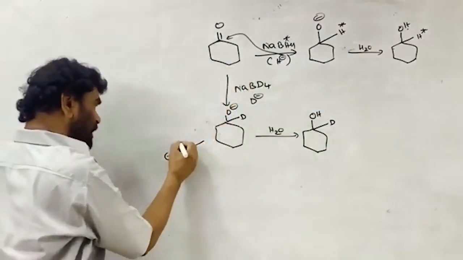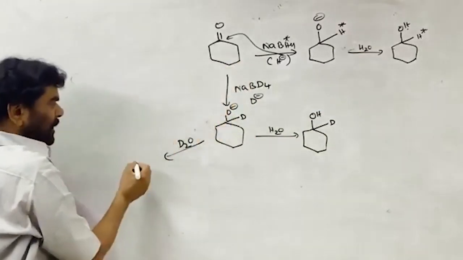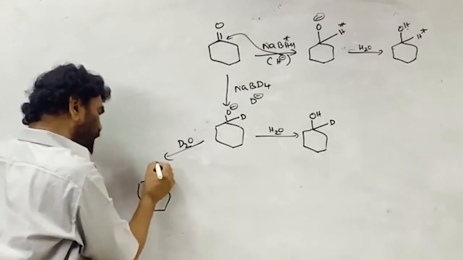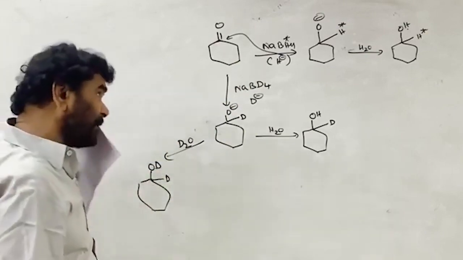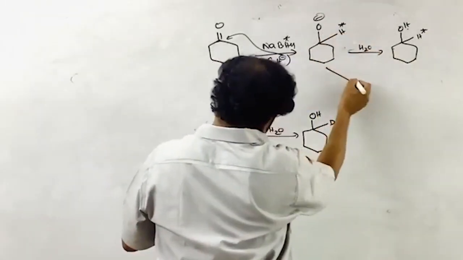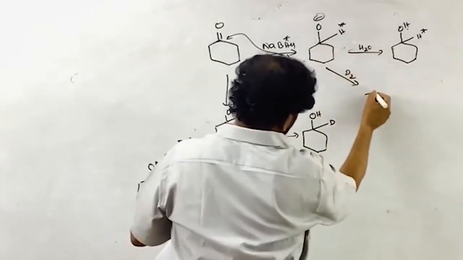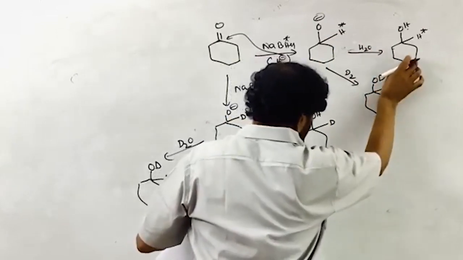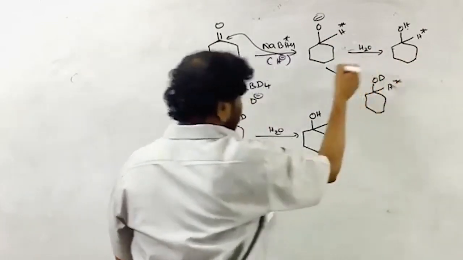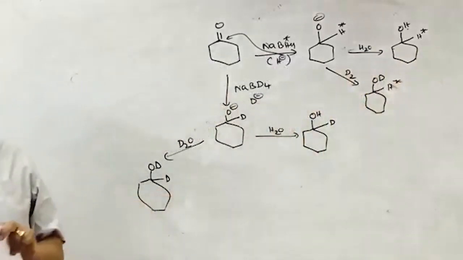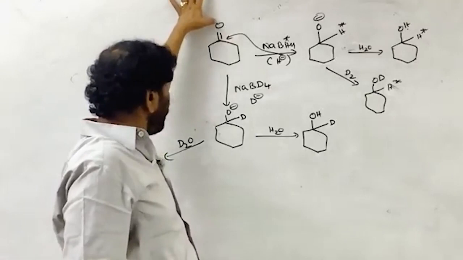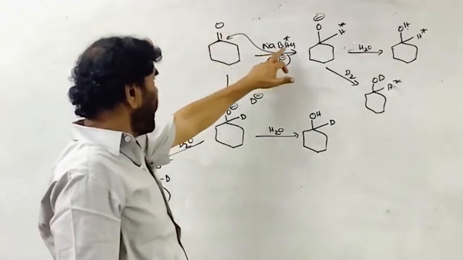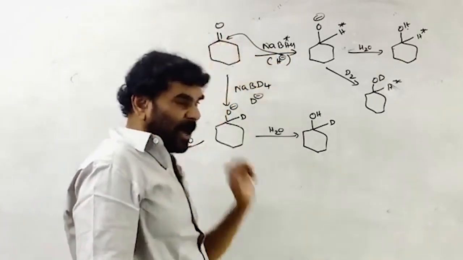If this is treated with D2O, then D2O supplies the D, and the product has OD. So the hydrogen from water goes to the oxygen, and the hydrogen from sodium borohydride goes to the carbonyl carbon.